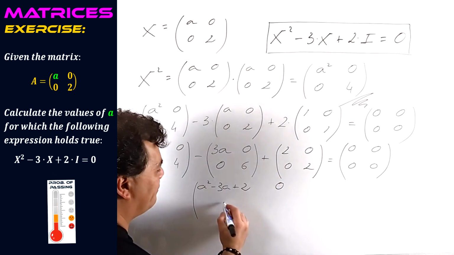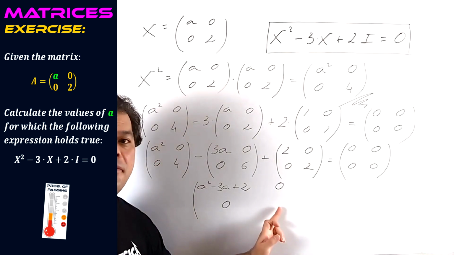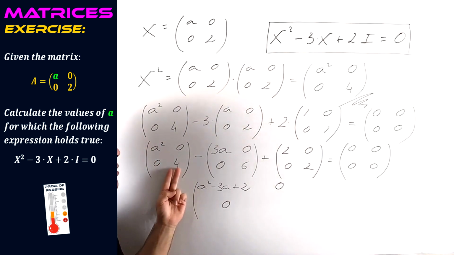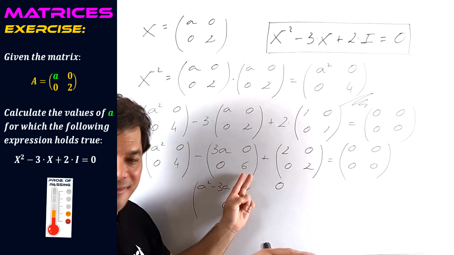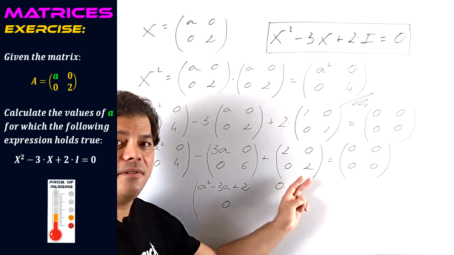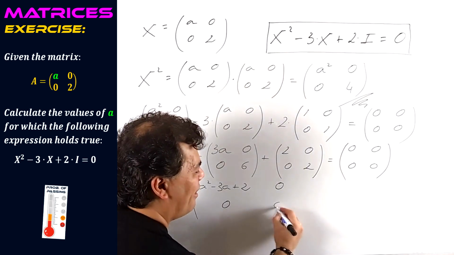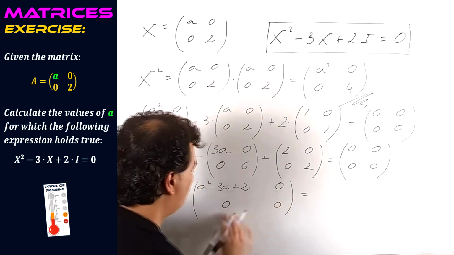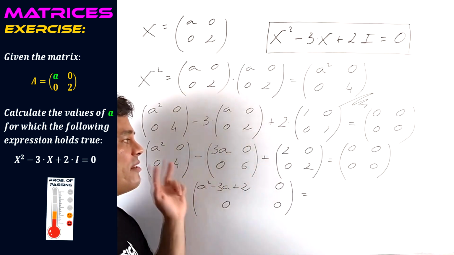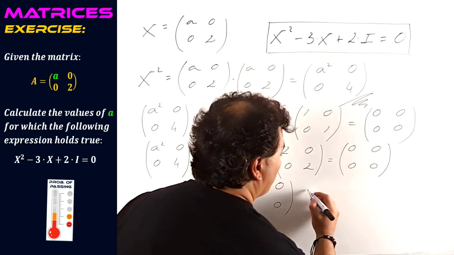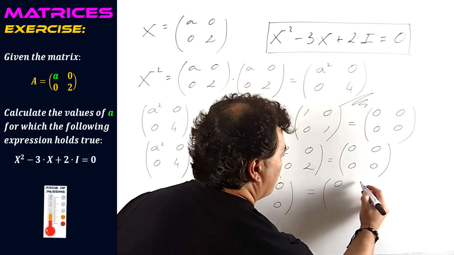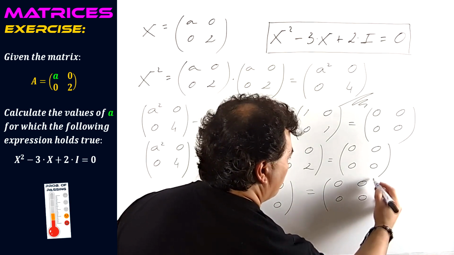Also 0. The fourth position, 4 minus 6 is negative 2 plus 2, also 0. And you can see that we have combined the 3 matrices of the left side. Now we just rewrite the null matrix of the right side, 0, 0, 0, 0.